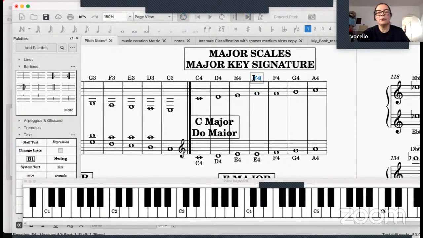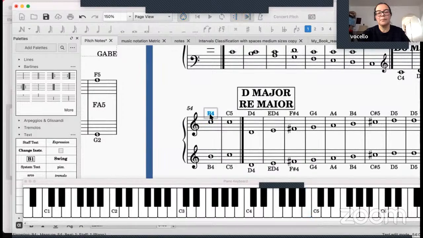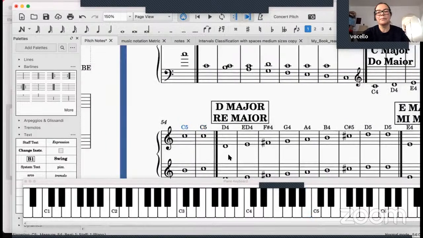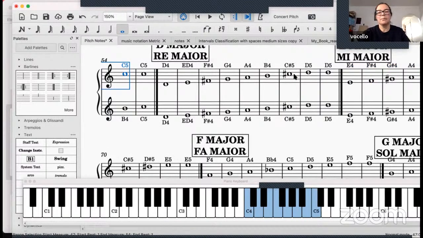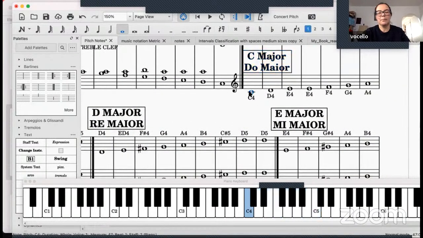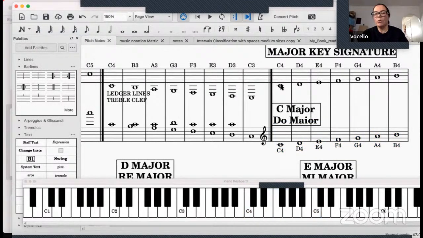For some reason I added 2. Okay, the model is whole step, half step, whole step, whole step, whole step, and half step.